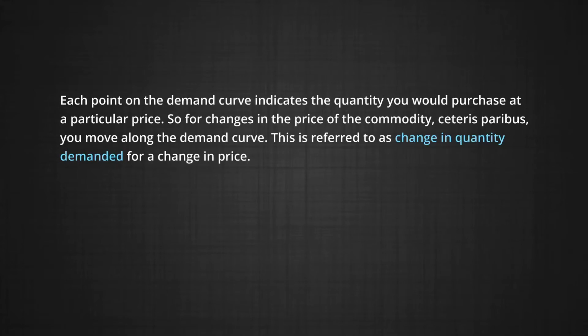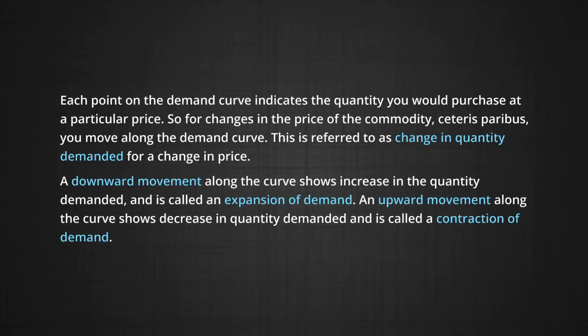This is referred to as a change in the quantity demanded for a change in price. A downward movement along the curve shows an increase in the quantity demanded and is called an expansion of demand. An upward movement along the curve shows a decrease in the quantity demanded and is called a contraction of demand.